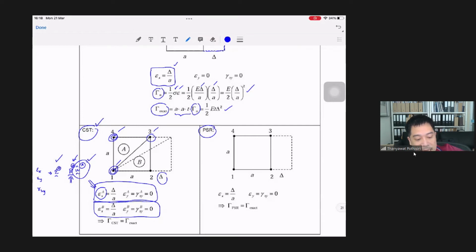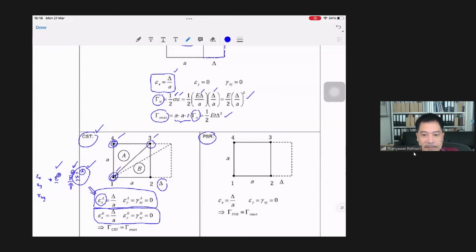So if you compute the strain energy, you would obtain the same amount of strain energy as for the exact solution. Okay. For PSI element, how do you compute epsilon x?